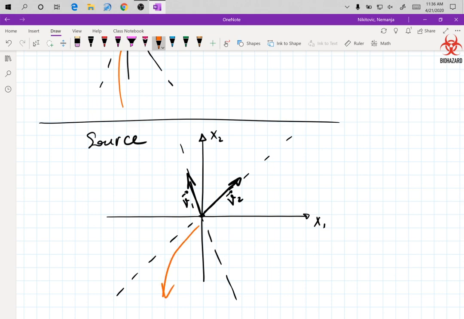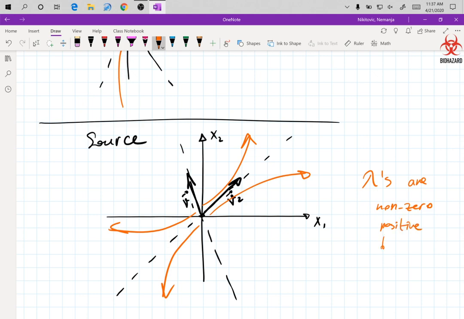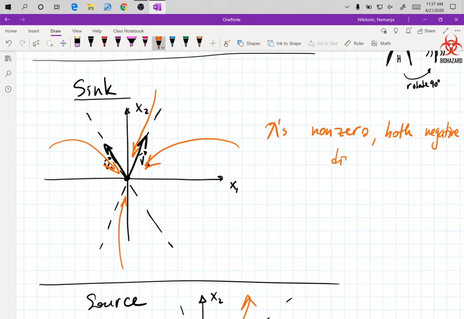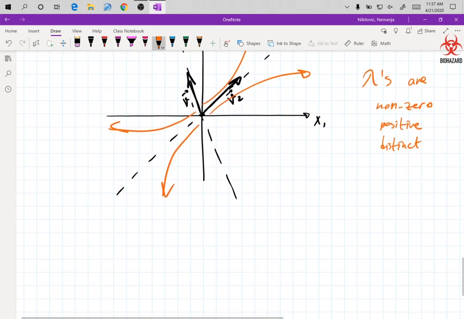So it goes like that. So the solutions will go out. So lambdas are non-zero and positive. Oh, I didn't say distinct. I have to say distinct as well. They're not repeated. They're distinct.